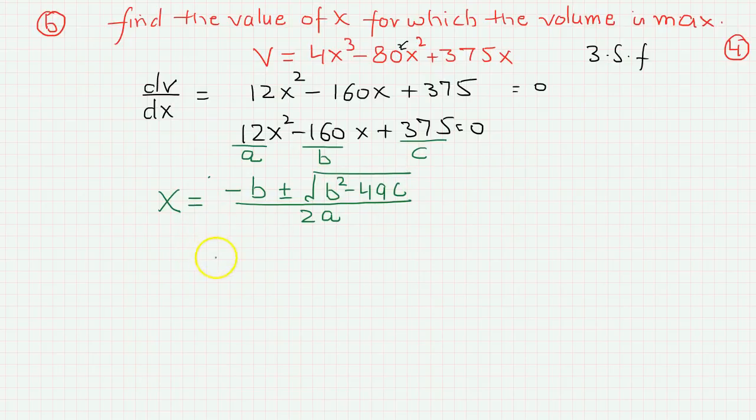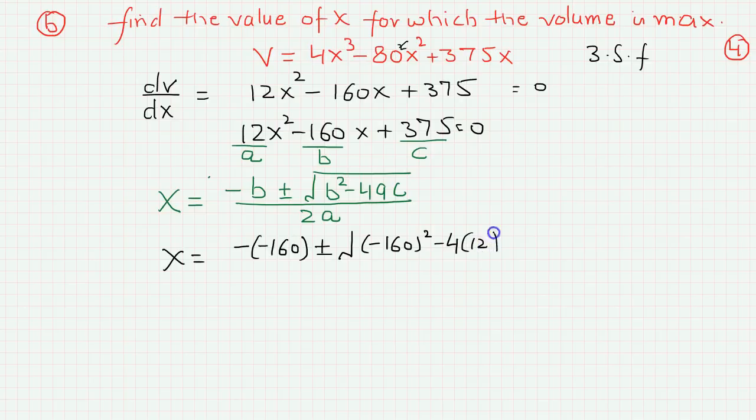So let's put the values of a, b and c. So x will be minus b, b is minus 160, so minus minus 160, plus or minus, because a quadratic equation has 2 solutions, the square root of b squared, that is minus 160 squared, minus 4, a is 12 and c is 375.